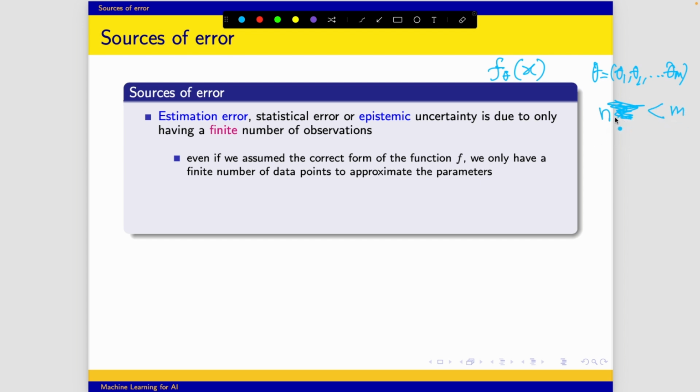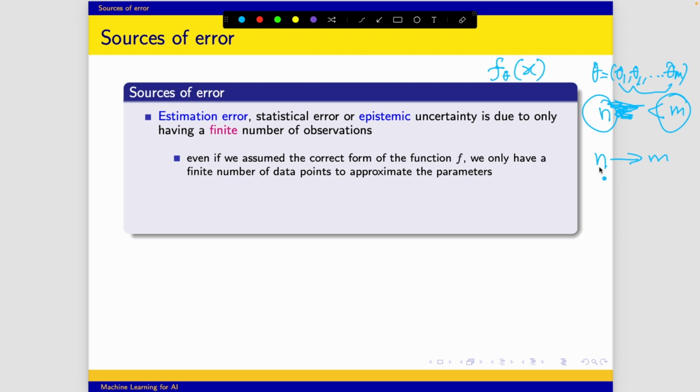So we've got fewer data points than we have parameters in this model. What do we want to know? We want to know what these parameters are. But we've got more unknowns than we have equations. We only have n examples and m unknowns. So how can we find all m of these using only n examples? We can't.